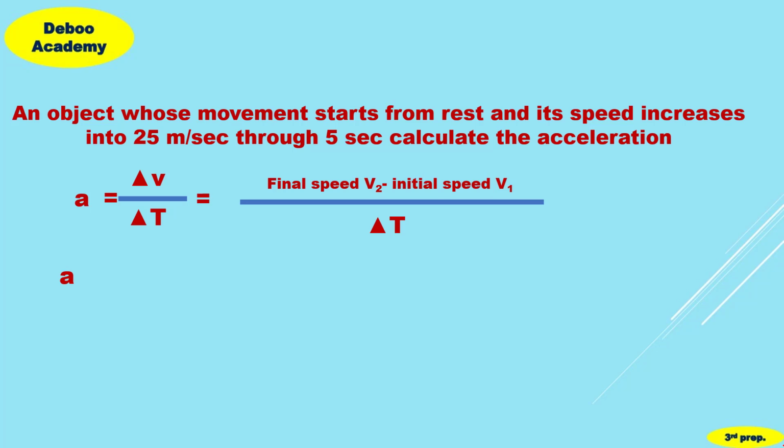The final speed is 25 minus 0 because the body starts moving from rest, so the initial speed is 0, and the time is 5 seconds. So the acceleration equals 5 meters per second squared.